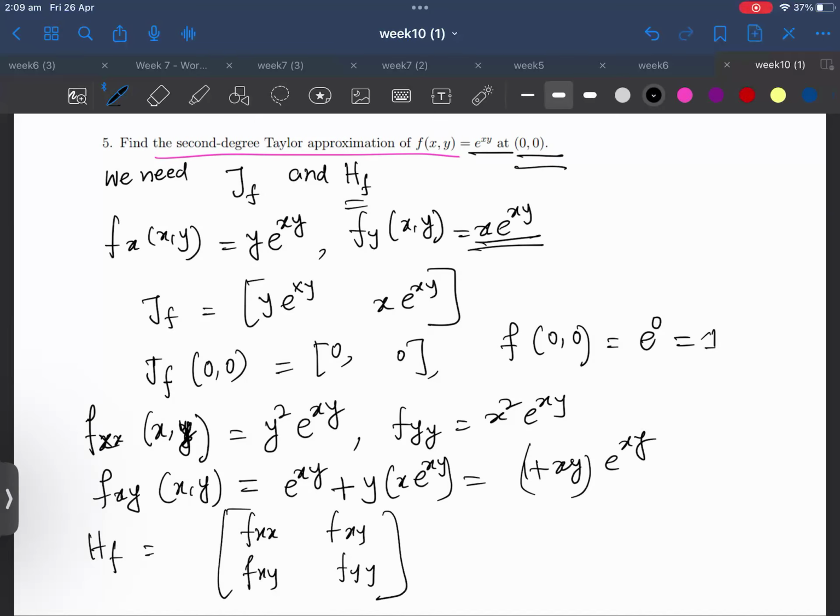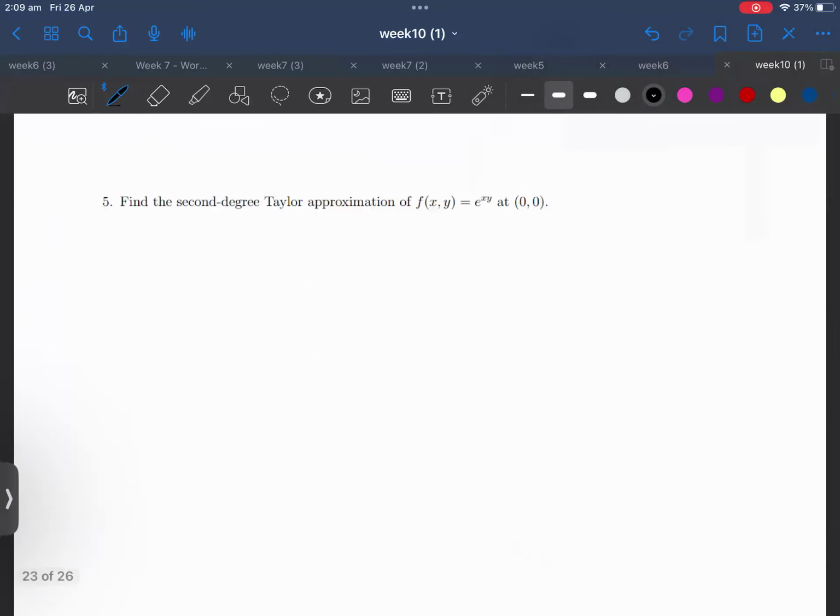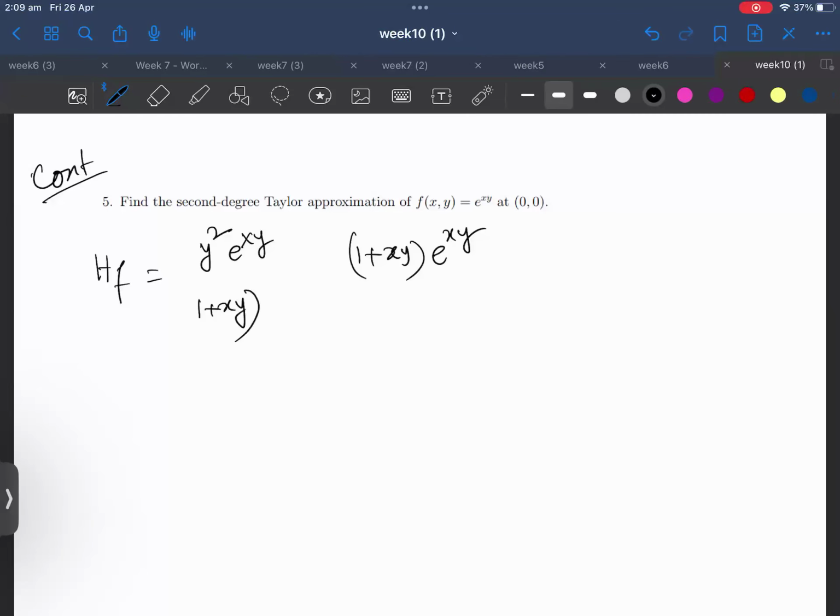So HF is now finally y squared e to the power xy, 1 plus xy e to the power xy, same thing here, and here x squared e to the power xy.